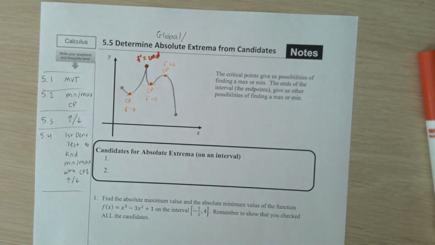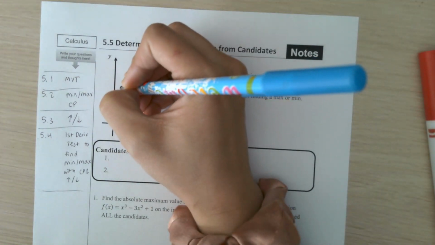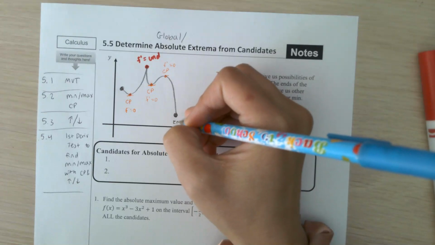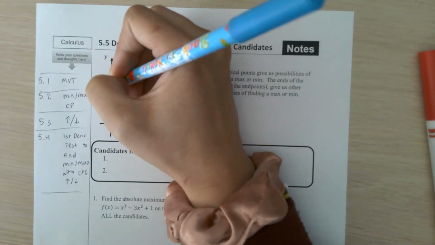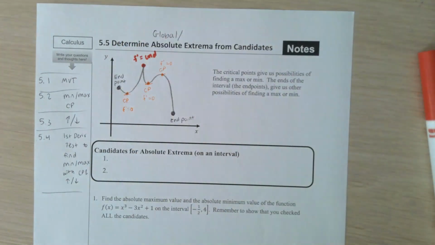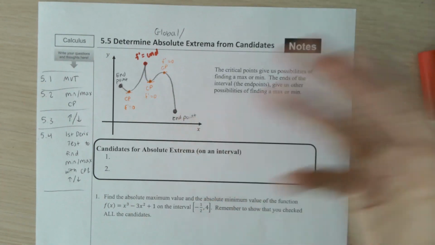And now this lesson, what we're going to make sure to include are these endpoints. So again, none of this is really that crazy. Like, I could teach this lesson to someone in algebra just looking at a graph, right?